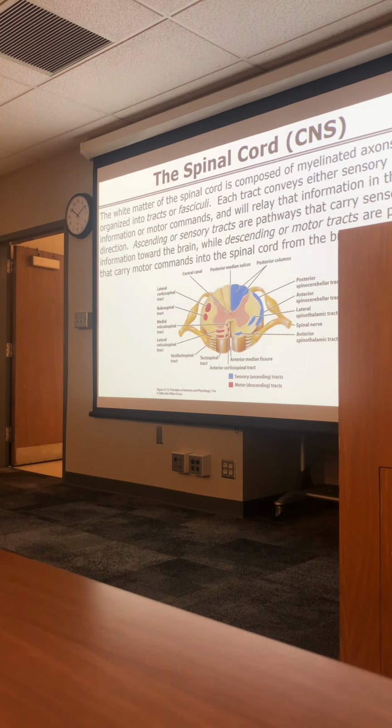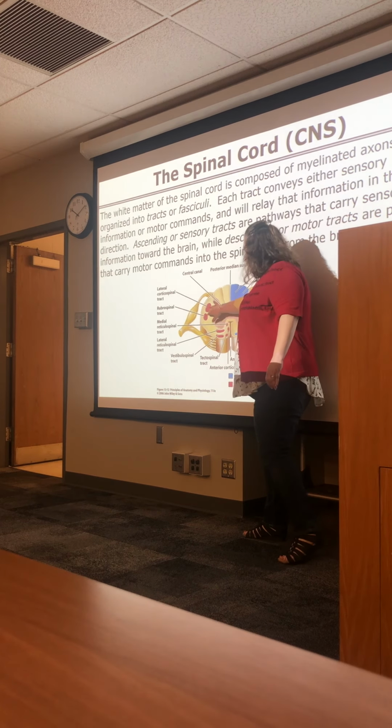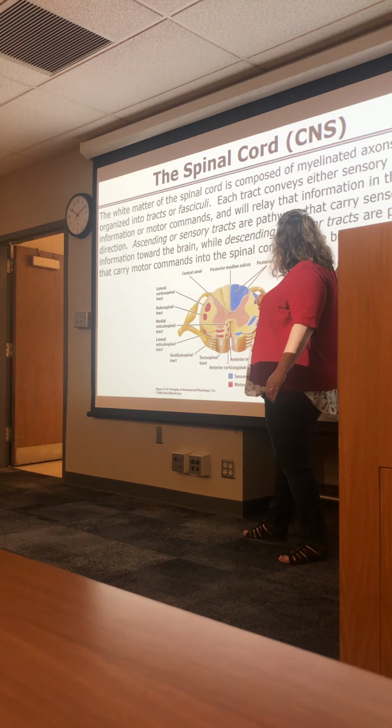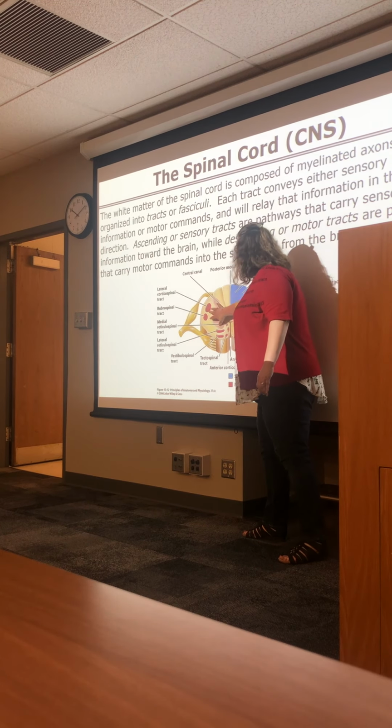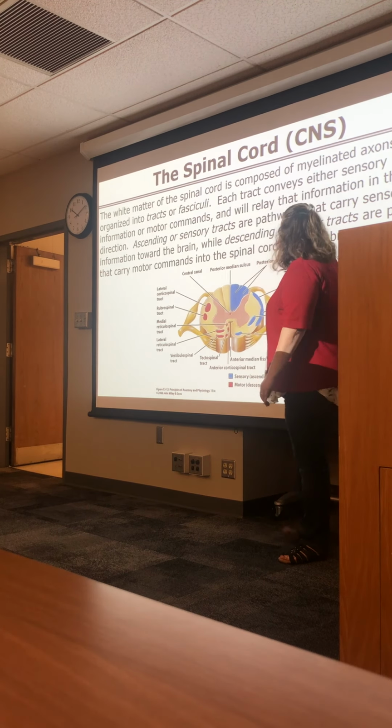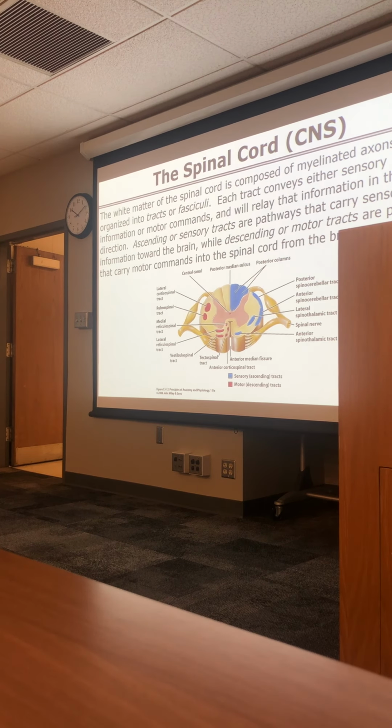And so remember, you have ascending or sensory tracts, which carry sensory information towards the brain, and then you have the descending motor tracts, which are pathways carrying information down. They're showing you the motor tracts in red, and the sensory in the blue. The blue is on both sides, the red is on both sides, you've just split it based on division of labor.